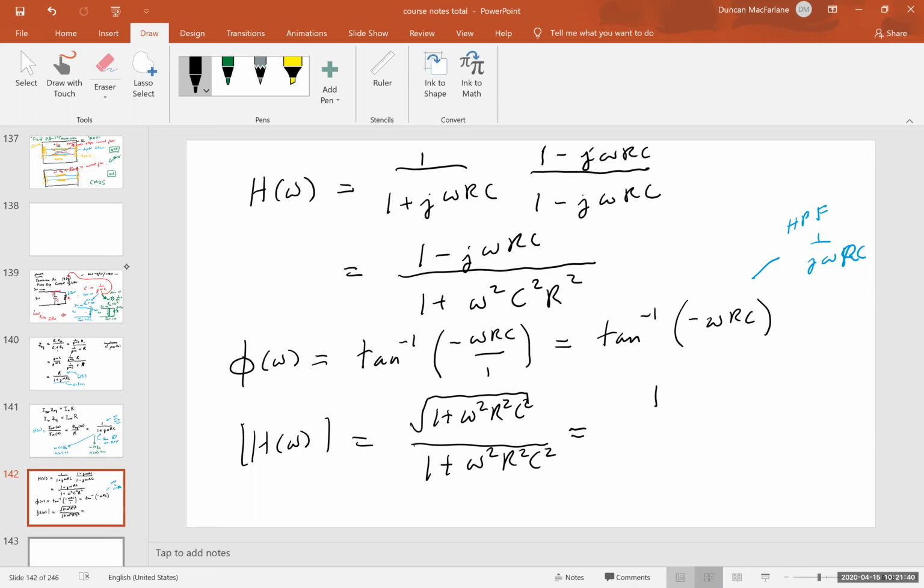And this is equal to 1 over the square root of 1 plus omega squared R squared C squared. And again, there's no omega RC in the numerator.